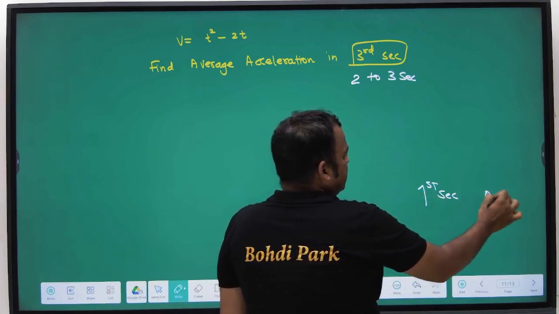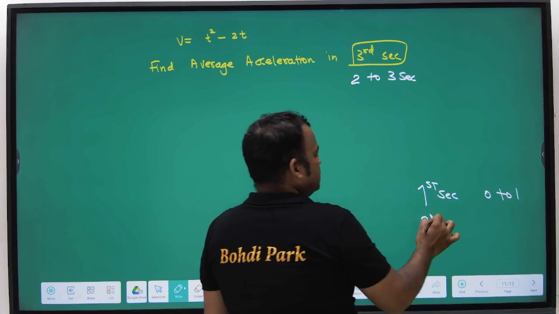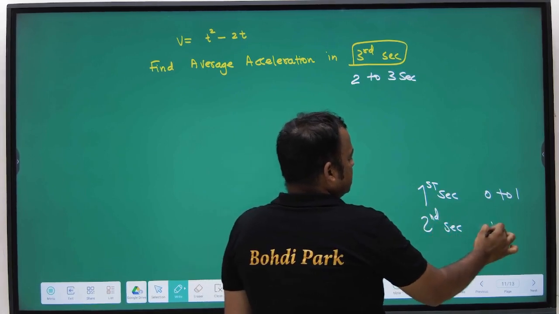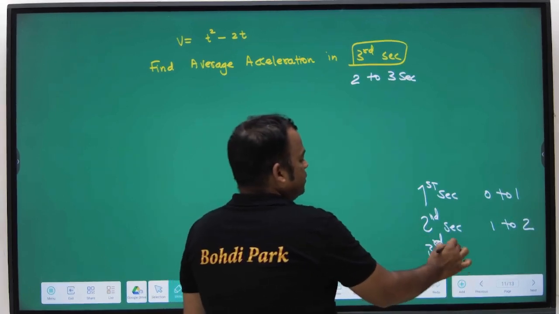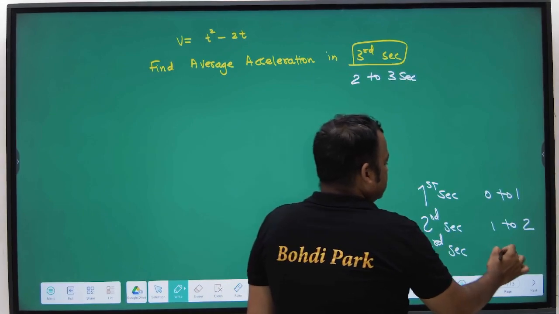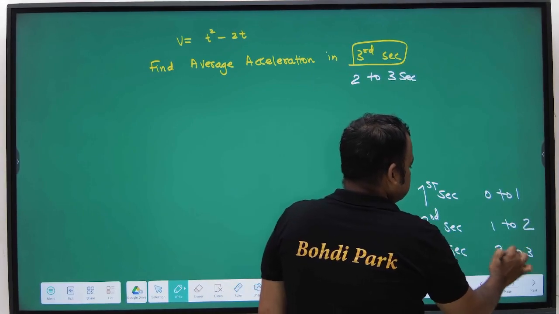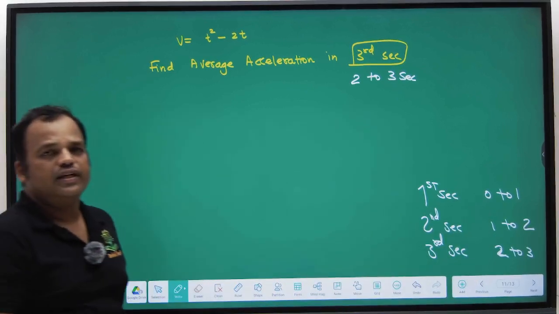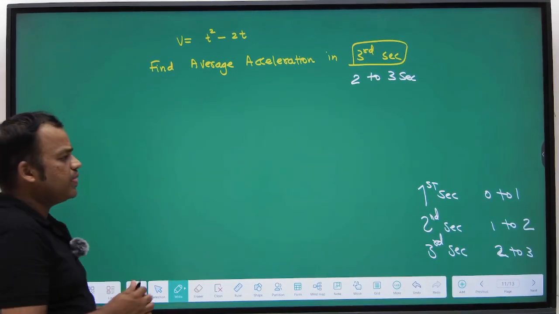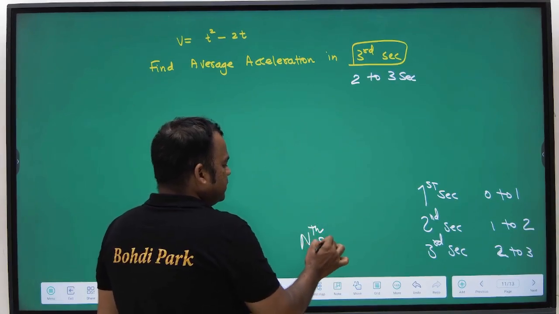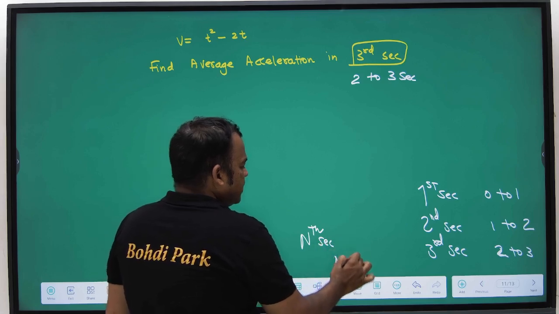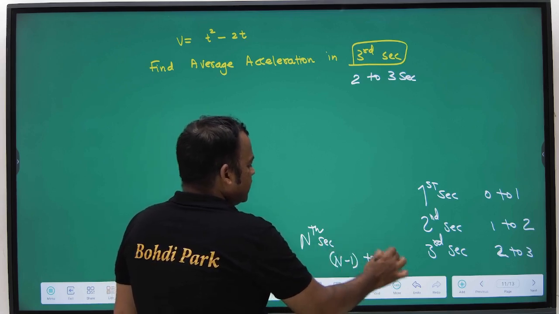First second means 0 to 1. Second means 1 to 2. Third second means 2 to 3. And of course you can say nth second. Nth second means n minus 1 to n.